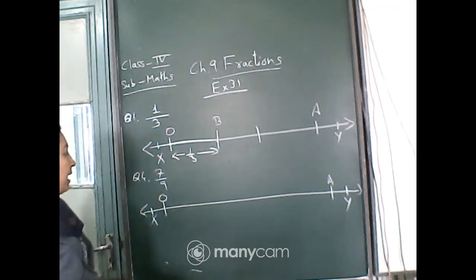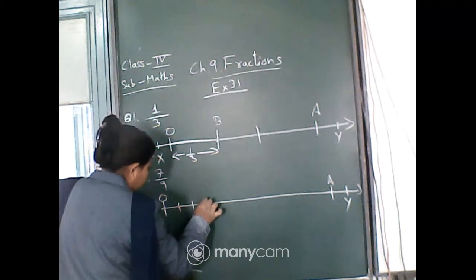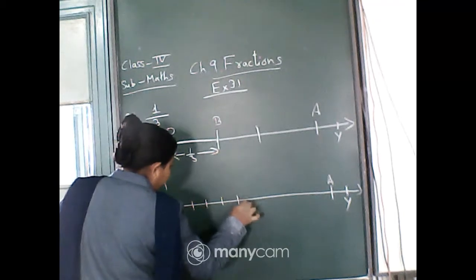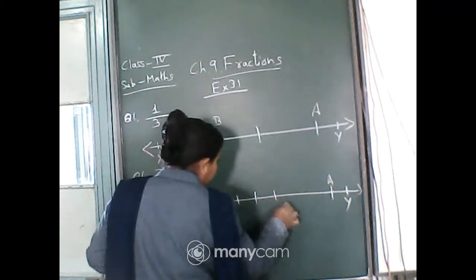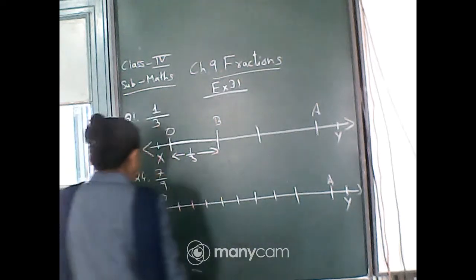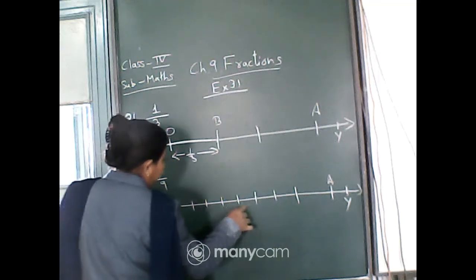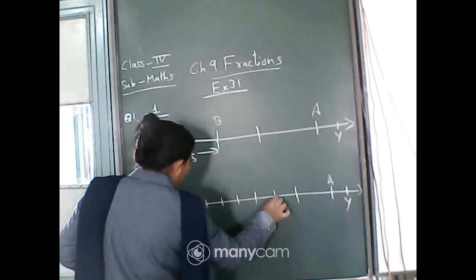So let us divide: 1, 2, 3, 4, 5, 6, 7, 8 and 9. Now 7 by 9 means 1, 2, 3, 4, 5, 6 and 7, up to this.